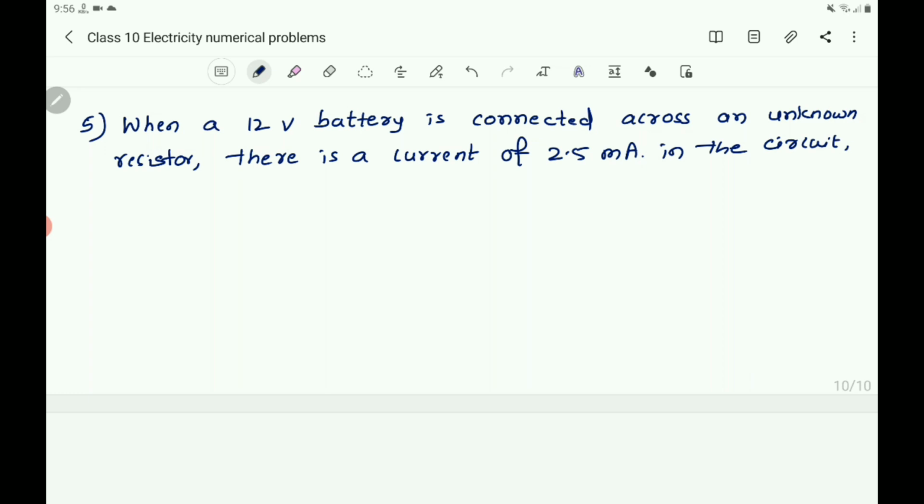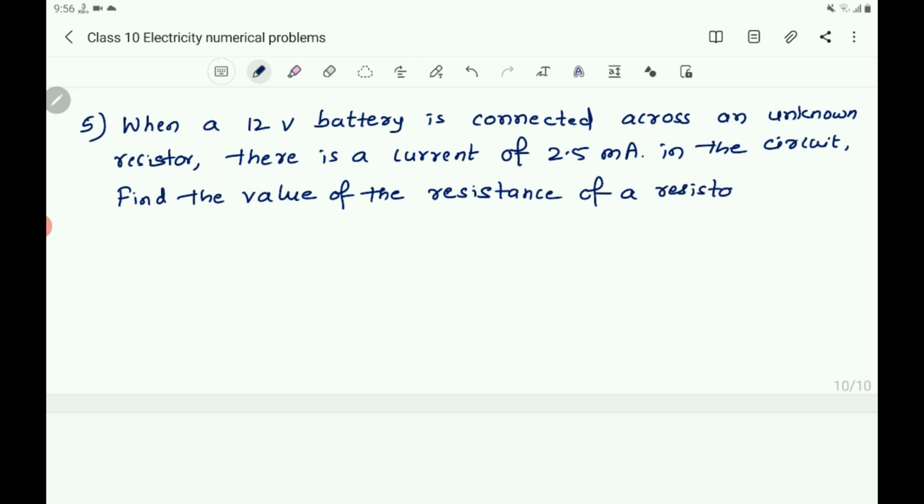Find the value of the resistance of the resistor. Here a 12 volt battery is connected across an unknown resistor. There is a current of 2.5 milliamps in the circuit. Find the value of the resistance of the resistor.